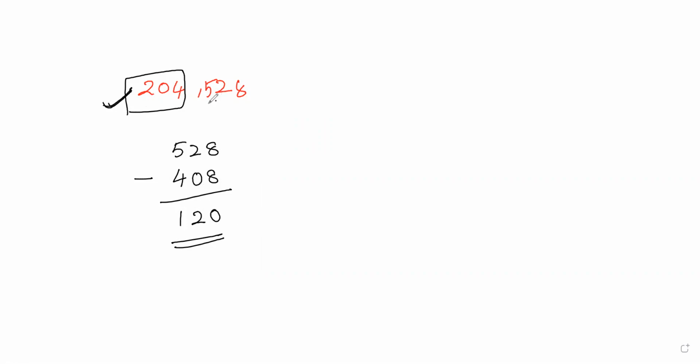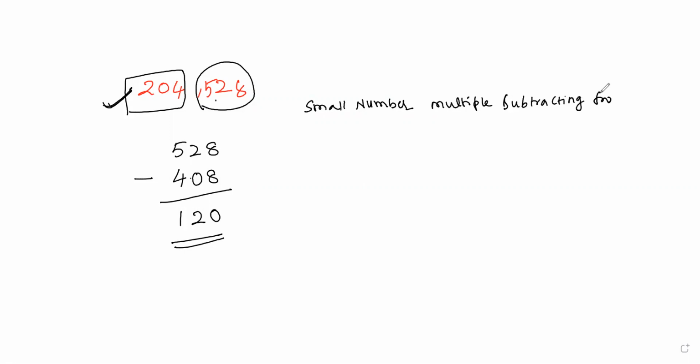First, a smaller number multiple we are subtracting from the largest number. That is the first point. Okay, then we are getting the result.